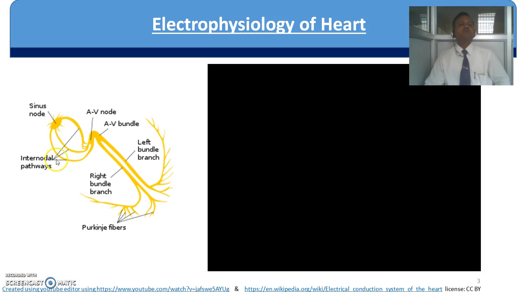We have to remember that the sinoauricular node, the SA node, is present in the right atrium, and from here impulses are generated. From here depolarization of the heart starts. We are going to see why it starts automatically. From the sinoauricular node, the impulse which is generated is carried to the atrioventricular node.